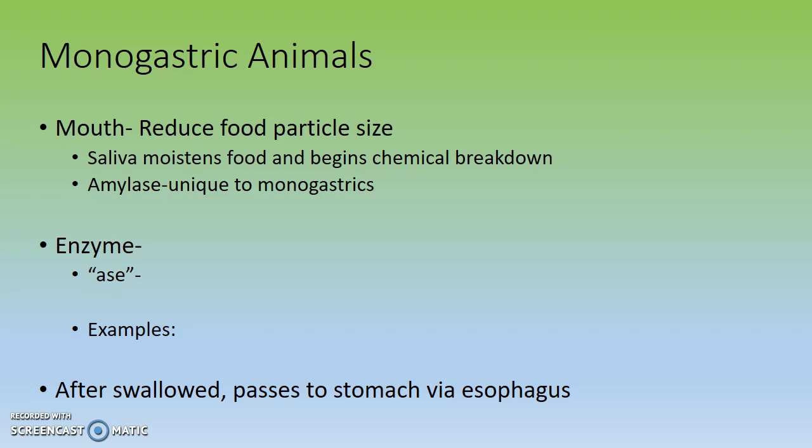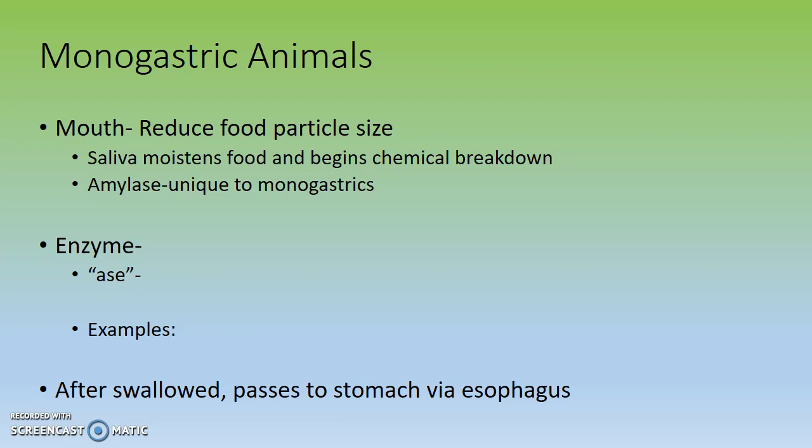So lipase and lipids. Maltase is going to be an enzyme for maltose. And lactase is an enzyme for lactose. And then of course up here, your amylase is going to be an enzyme for starch. So that one's the only one that's maybe not quite as straightforward. But remember, anything that ends in ASE is going to be an enzyme.